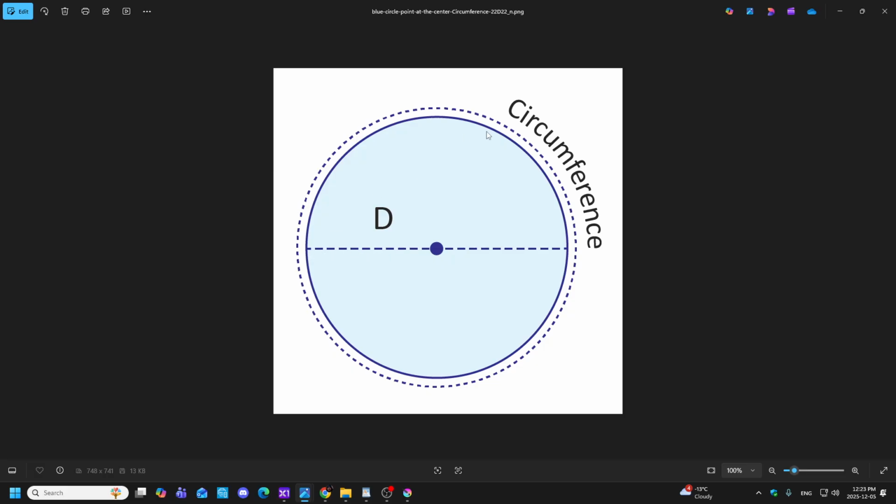Okay, the circumference, you can liken it in your mind the same as perimeter when you're working with rectangles or squares. In this case, the circumference is a circular perimeter.